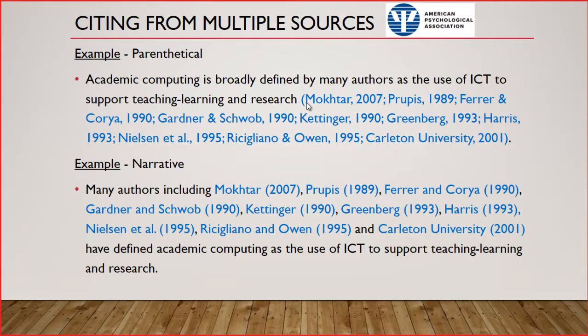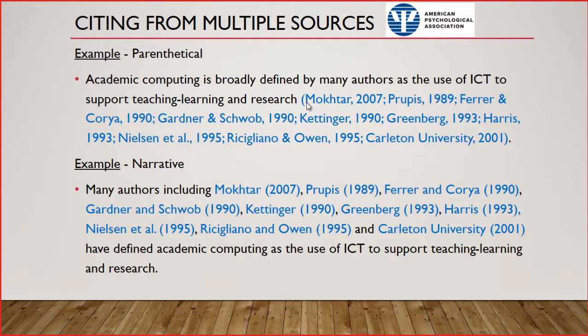Okay, what if you have two paragraphs, and these two paragraphs are from the same reference, meaning that you have, let's say, Mokhtar 2007, that is a reference, but you have paragraph number 1 also from Mokhtar, paragraph number 2 also from Mokhtar, and each paragraph has several sentences.